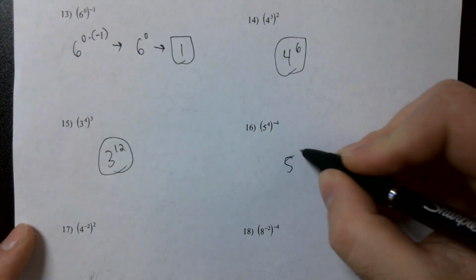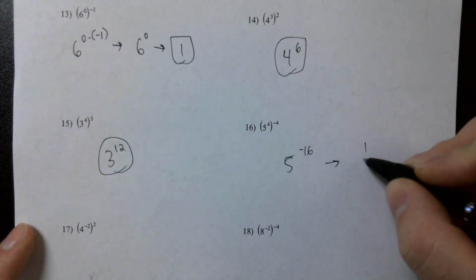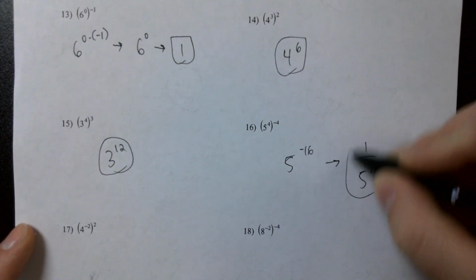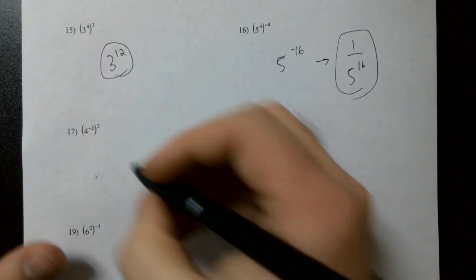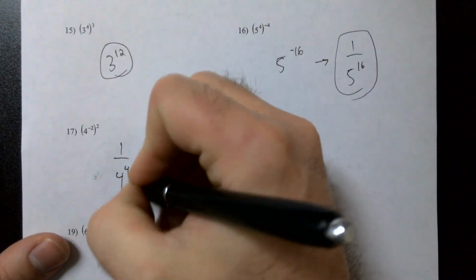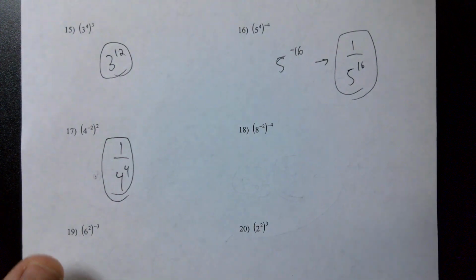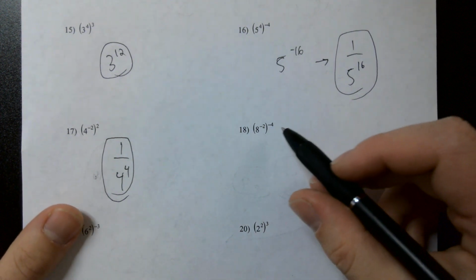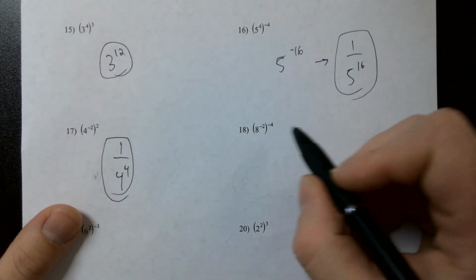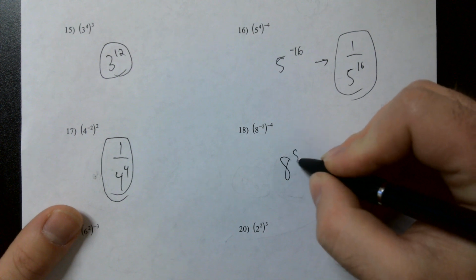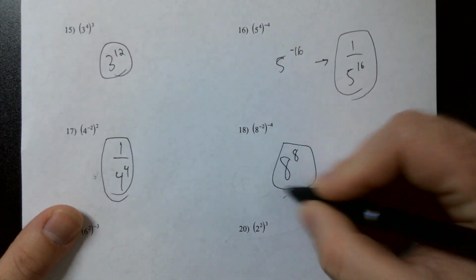16, we get 5 to the negative 16th, which turns into 1 over 5 to the power of 16. 17, we get 1 over 4 to the 4th, because we get that negative, we've got to flip it. But again, I've got a double negative in 18, so that multiplies to a positive. 8 to the power of 8.